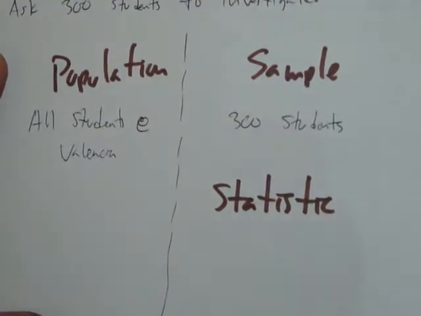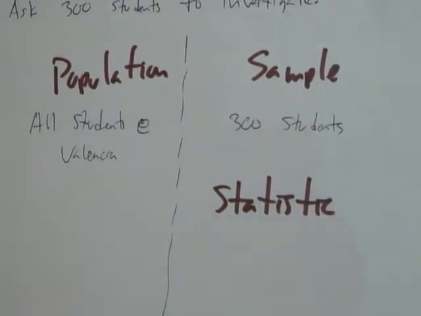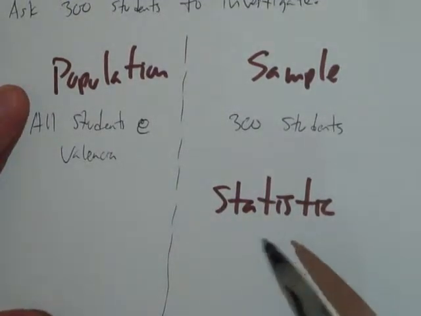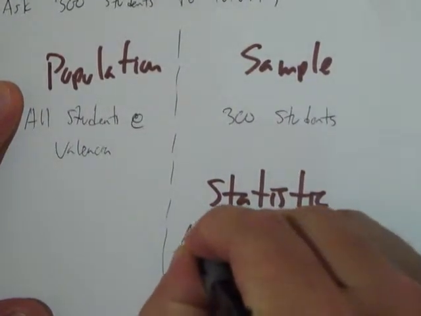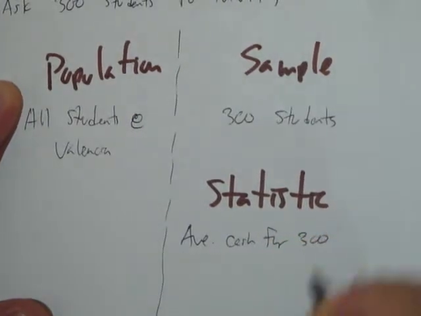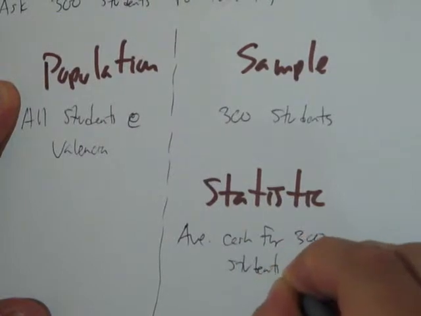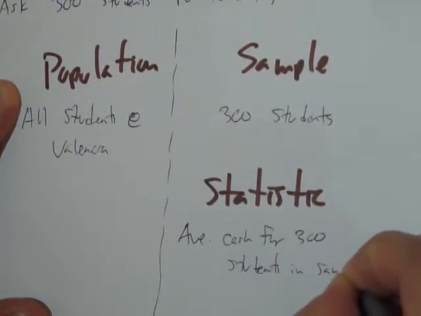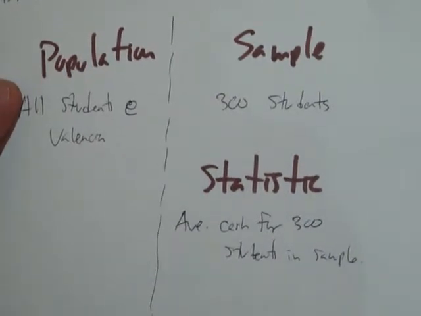A statistic describes some part of the sample. So our statistic in this case would be the average cash for the 300 students in the sample.